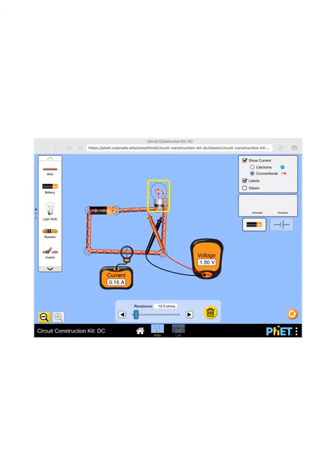If I increase the resistance that that light bulb imparts, we can see that our current goes down as resistance goes up in order to maintain the same voltage. At the highest resistances, our current slows to a crawl. As we decrease resistance, our current increases. And at near zero resistance, we have freely moving electrons, basically an infinite current.